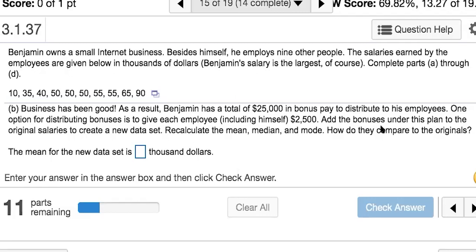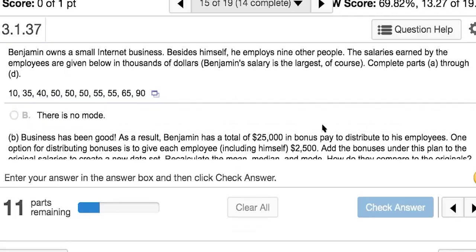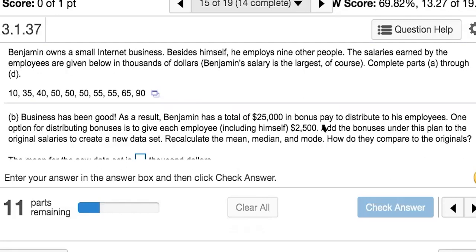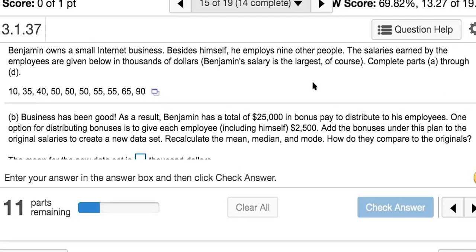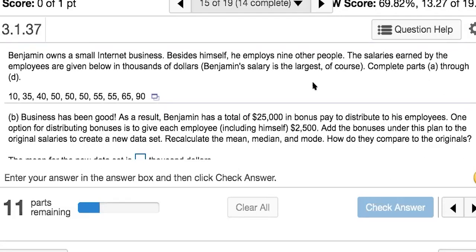Calculate the mean, median, and mode. Is it in thousands? It must be in thousands. That's interesting. They're adding 2,500 to everybody, right? So you're basically adding 2.5.